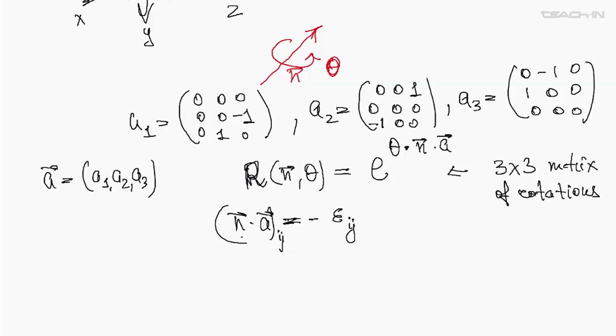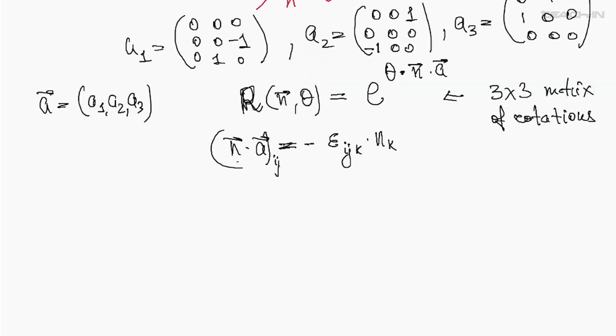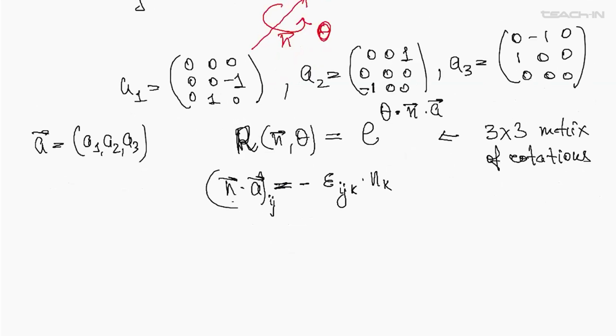And what you can do, you can compute this exponential explicitly. You can exponentiate this product n multiplied by A multiplied by theta. And this gives you an explicit 3x3 matrix with the following matrix elements. Please do the computation, it's an exercise.